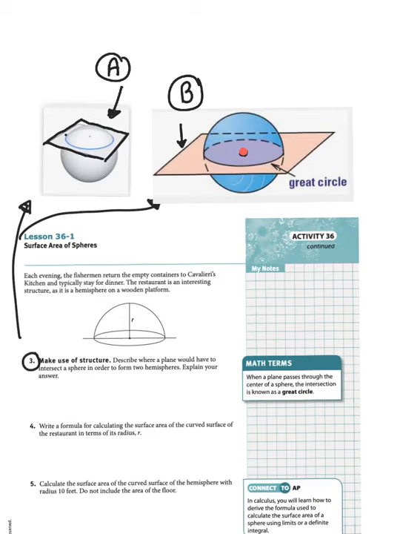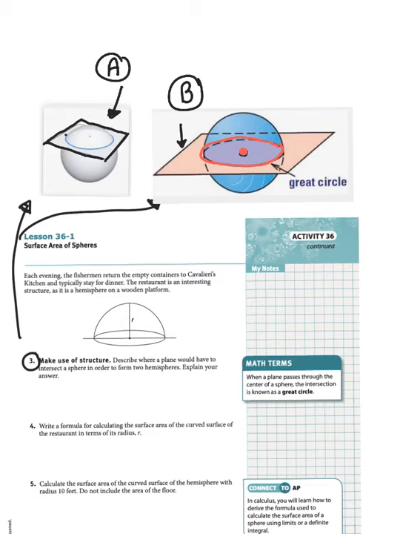That circle that's created is called the great circle. It's the circle that's created when a plane passes through the center of the sphere and divides it into 2 hemispheres. The reason we call it the great circle is because it would be the circle with the biggest area that could be formed.